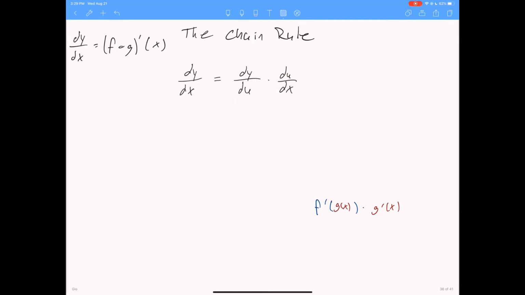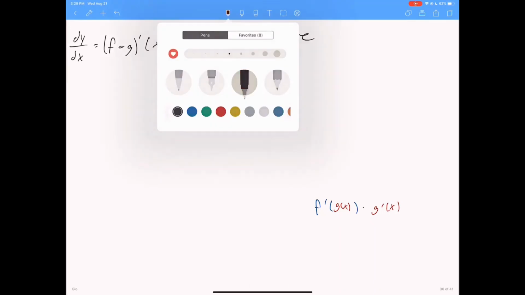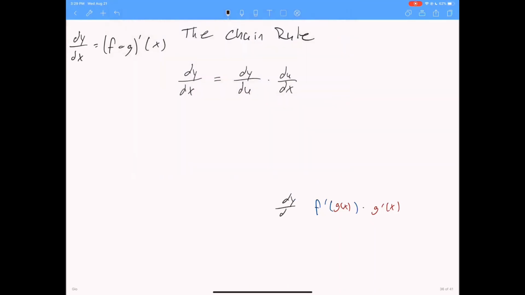As we said before, this is equal to dy dx, the statement we claimed before, that dy dx is f prime of g of x times g prime of x.